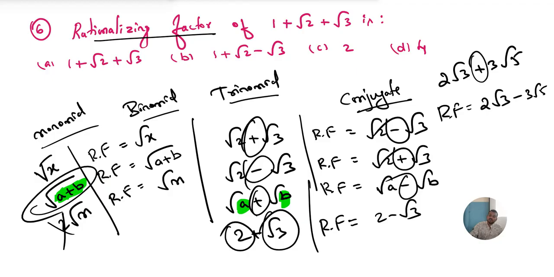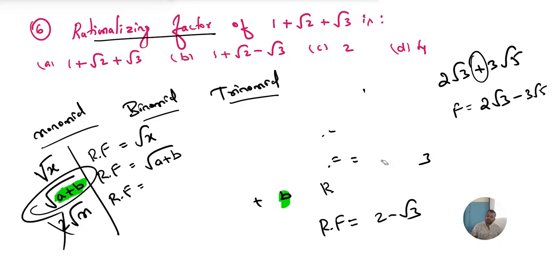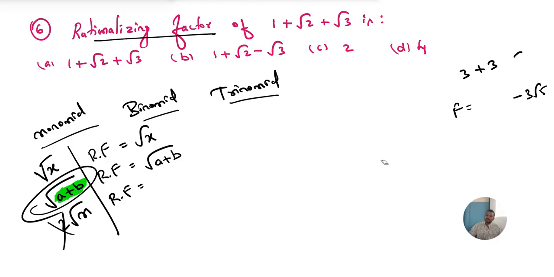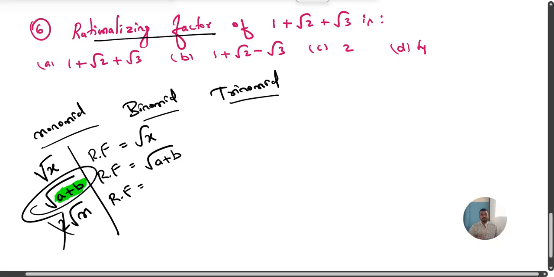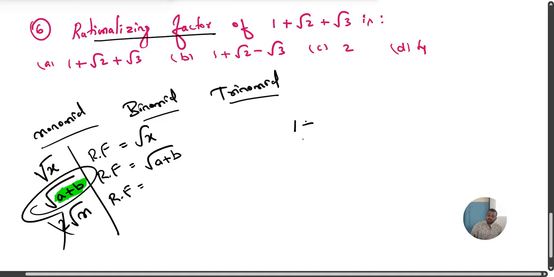So then what about trinomial, sir? See, children, the meaning of trinomial is very simple. It is a mixture of monomial and binomial. That is trinomial. Example, I'll give you. As you can see, 1 plus root 2 plus root 3, this question only.